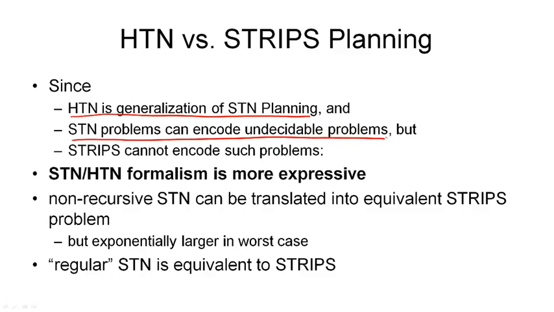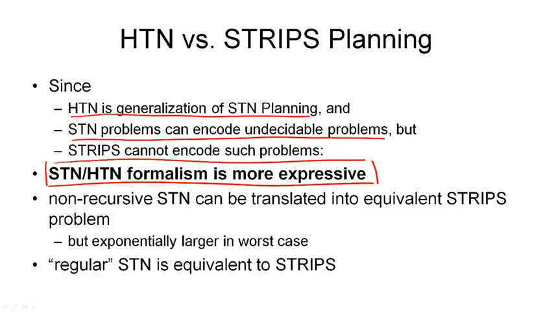And we also have methods that accomplish a given task, but have the same type of task as a subtask. So these methods are effectively recursive. And with recursion and branching, we have the power of a general programming language. And that is why STN planning is so powerful. The STN, and therefore the HTN formalism, is more expressive than STRIPS planning. That's what you need to remember here.